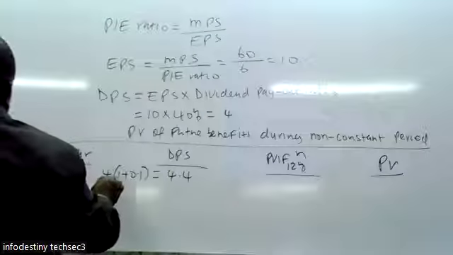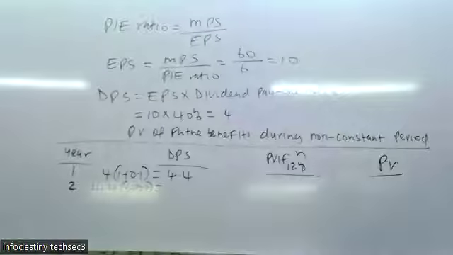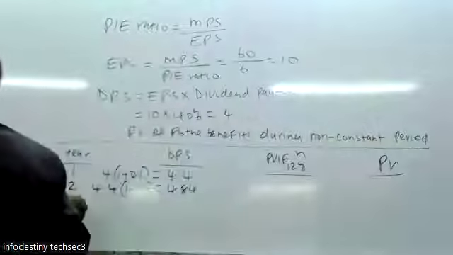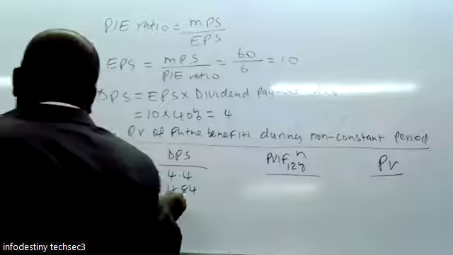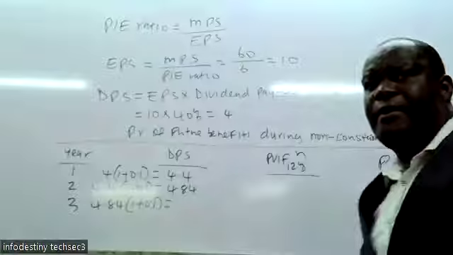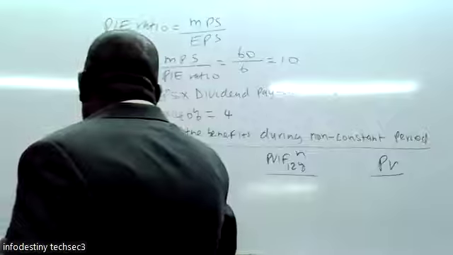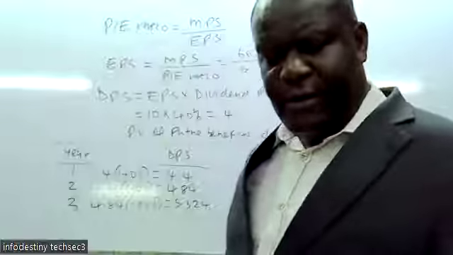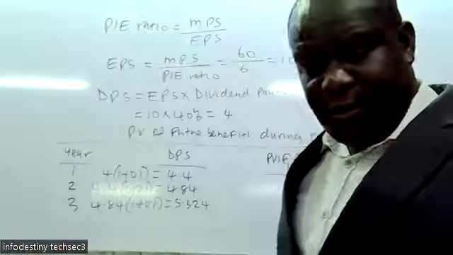Year 2 also 4.4, increase it by 10%, 4.84. Year 3, you take 4.84, also growing at 10% for the first 3 years, 5.324. Then thereafter, they say it will grow at what percent for the next 2 years.